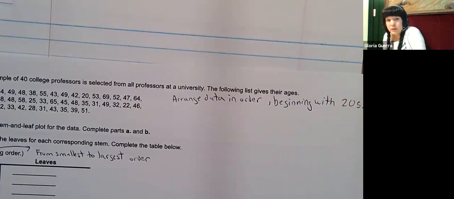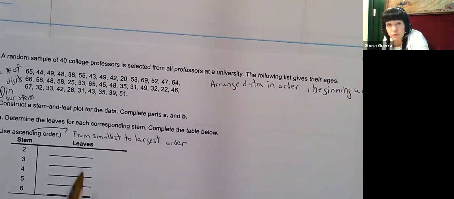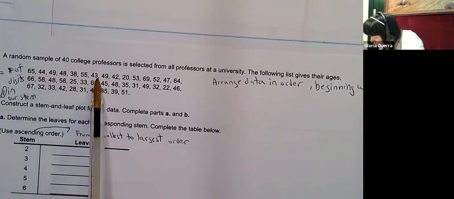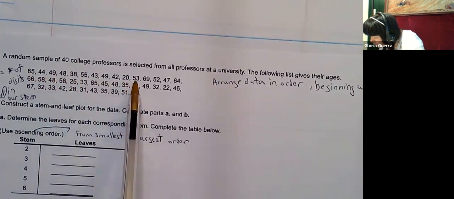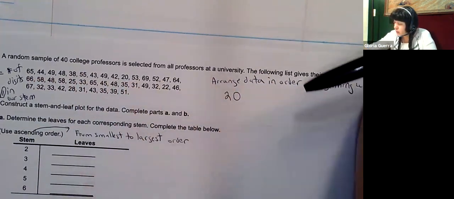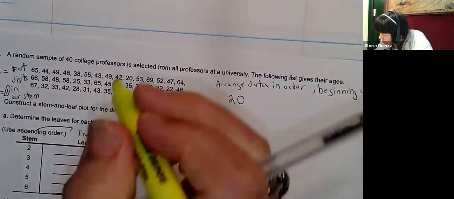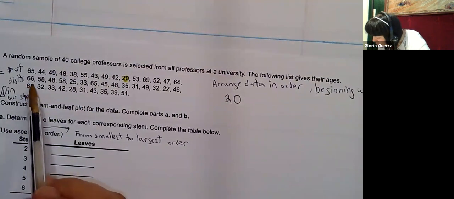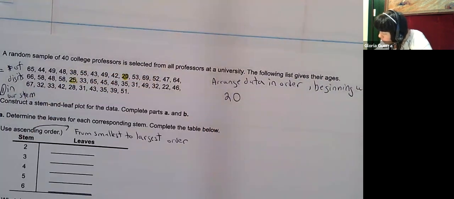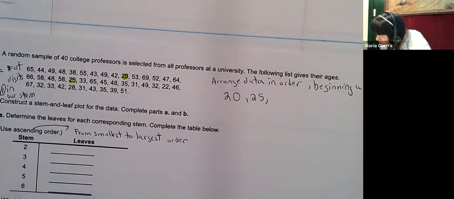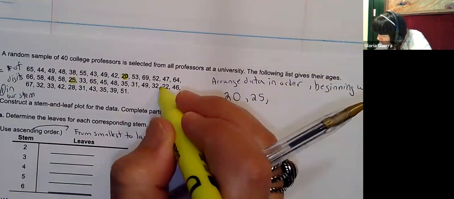Okay, if I go through and look for all my 20s, let's see, any 20s here? I have a 20 here. I can highlight that once I use it. Okay, how about here? Any 20s? A 25, and a 22.